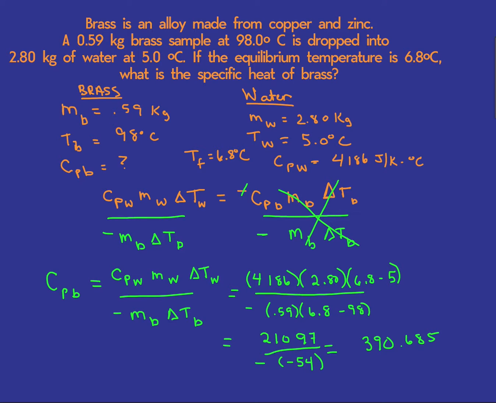Look at our stuff. We've got two significant figures, so we really only can use two significant figures here. So we can call that 390. And it's a specific heat, so it's joules per kilogram times degrees Celsius. There's our answer. And if you look it up online, you'll find that that is what it is.